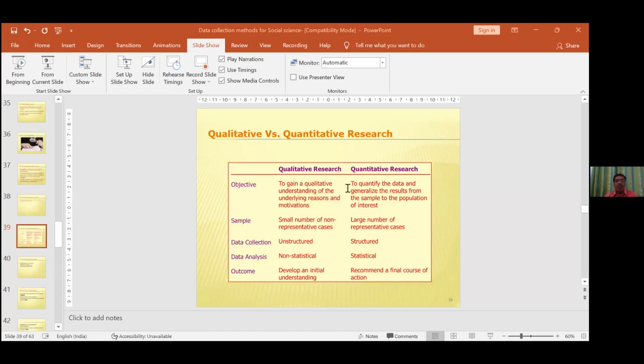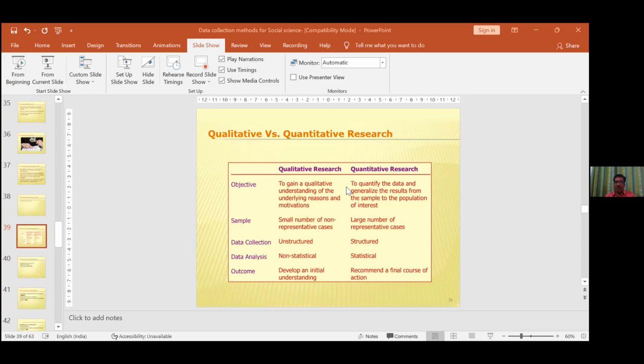Okay, now before proceeding further, I would like to recapitulate what we discussed so far for better understanding. We have seen what is primary data and what is secondary data. Primary data are those data which are collected by the researcher for the first time. Secondary data are those data which are collected by somebody else.